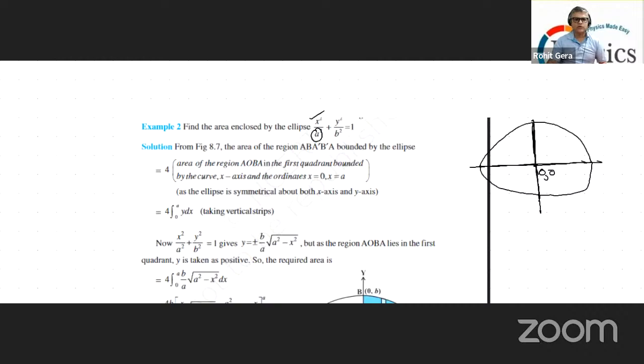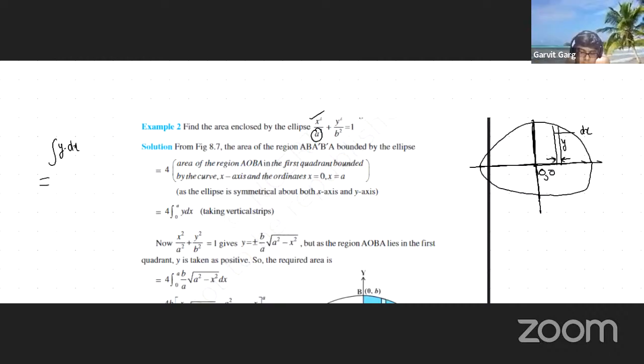And what is this line? Okay, this is from NCERT. Fine. So I take an elementary strip here. Its height is y, the width is dx, so the elementary strip area is y dx. And I know from here what y is equal to, so I'm substituting the value of y.